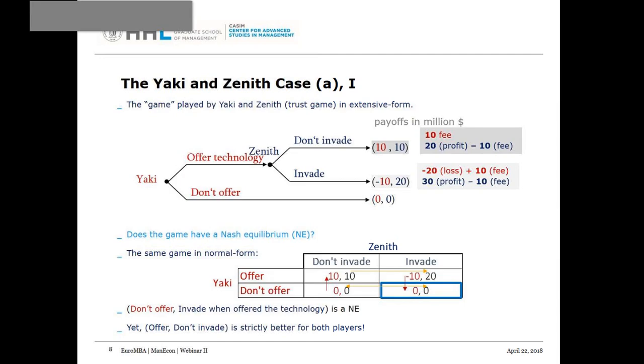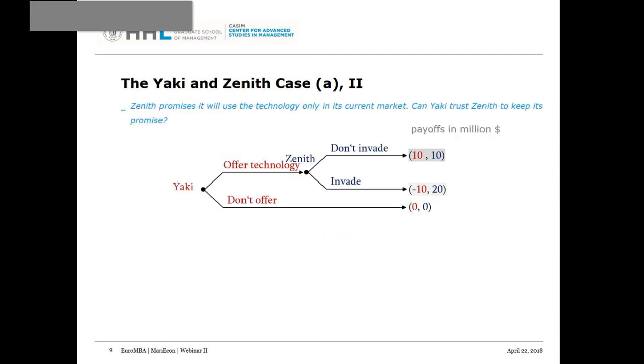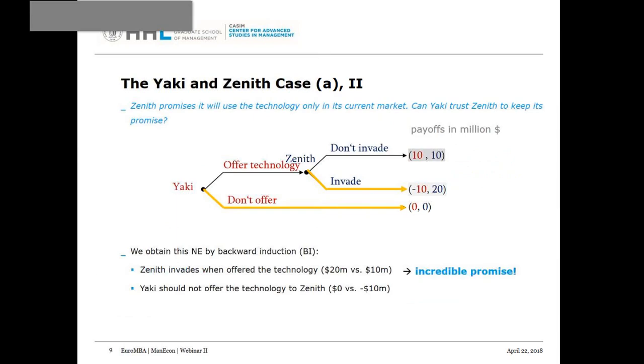Using the backward inductive argument, when Zenit is going to move after getting the technology, it is in its best interest to invade, because it gets $20 million instead of 10.